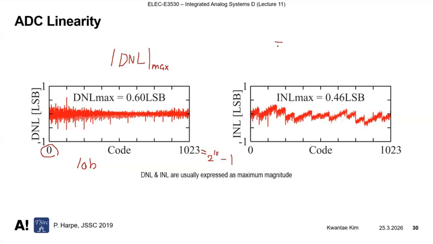For the INL, we also take the magnitude, which is the absolute value, and take the maximum. Then we measure how much it maximally deviates from the ideal ADC case. So you can see that it is very nicely distributed and a very linear ADC for 10-bit.